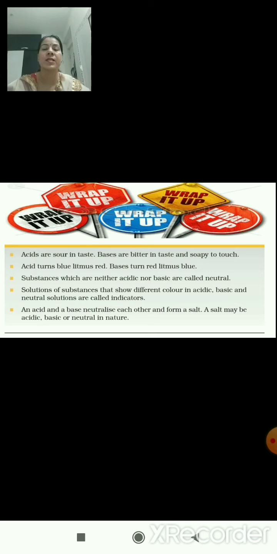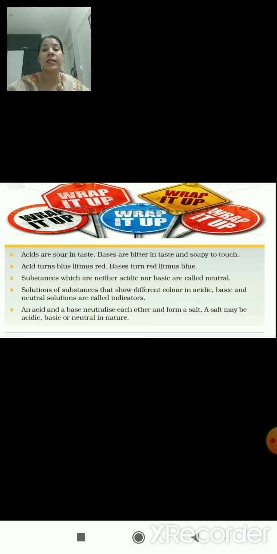So these substances which are sour in taste are acids. The word acid comes from a Latin word, acer, which means sour. So the acids in these substances are natural acids which are sour in taste.